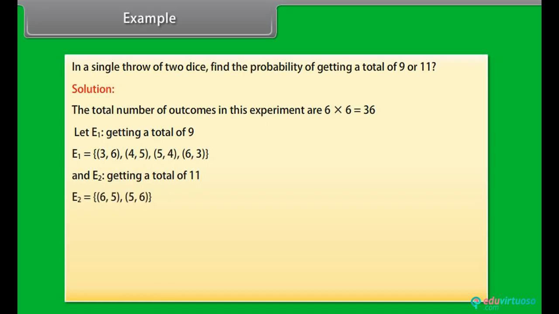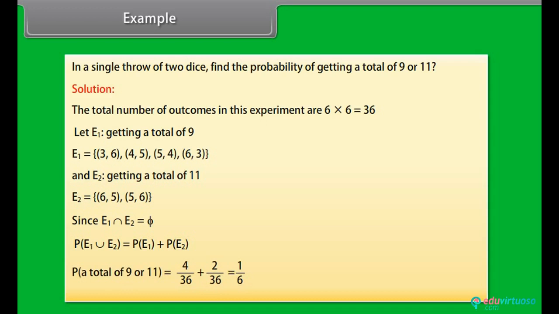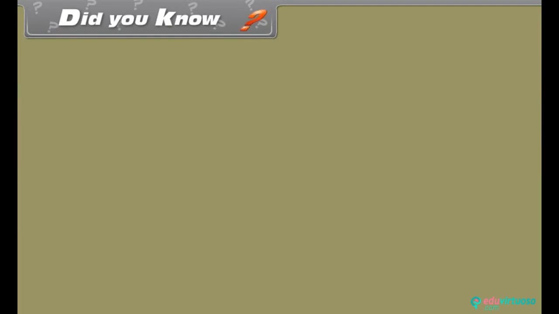E2 is equal to 65, 56. Since E1 intersection E2 is equal to phi, P of E1 union E2 is equal to P of E1 plus P of E2. P of a total of 9 or 11 is equal to 4 by 36 plus 2 by 36 is equal to 1 by 6.